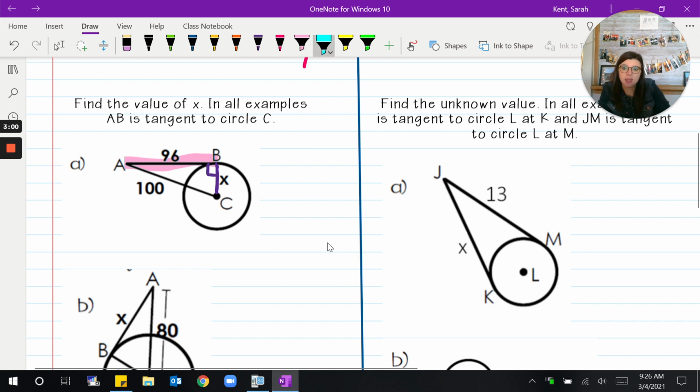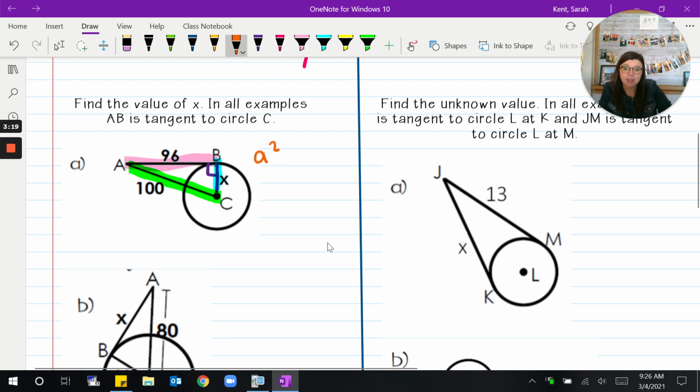And then you can see that with the radius, with AB, and with this third line here, we have a right triangle.